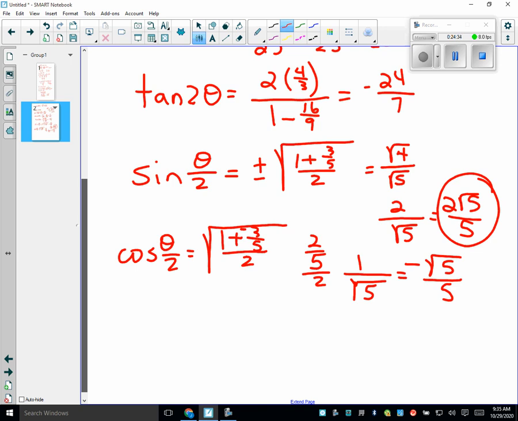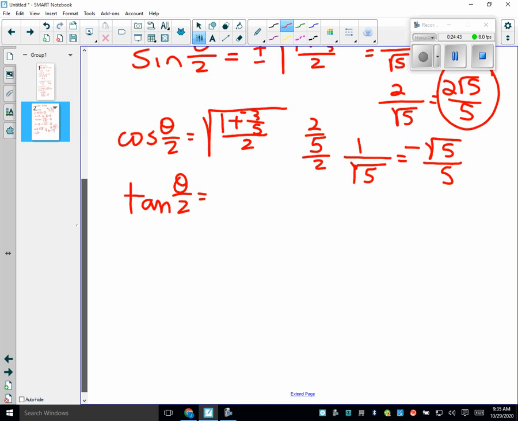What about tangent of theta over 2? What are we using? What do you all want to use? Shouldn't we just use the, can't you do the sine over cosine? Do you trust yourself? Yes. Okay, I'm just asking.